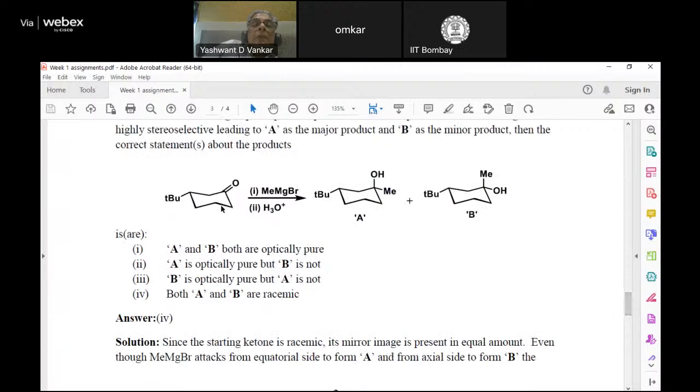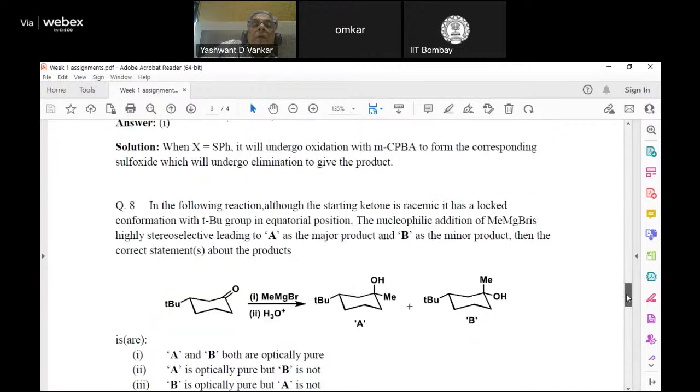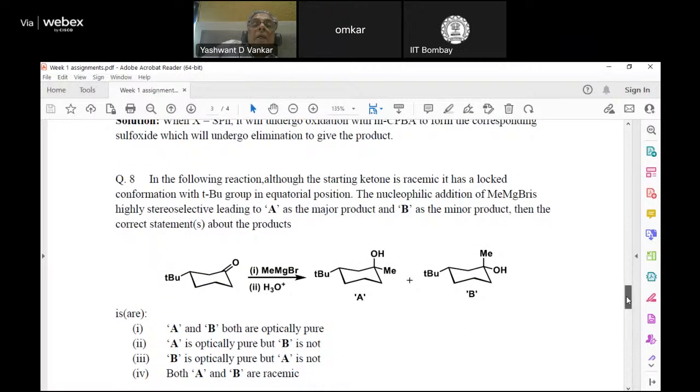And obviously, this particular molecule, which has a chiral center at the carbon having the tertiary butyl group, is a racemic compound, because we have not taken this as an optically pure compound, as we have already written in the question that it is racemic.